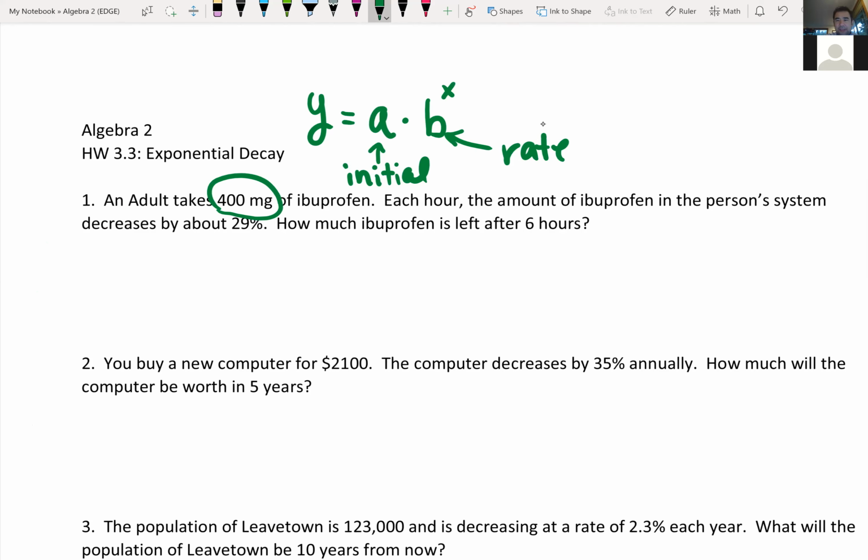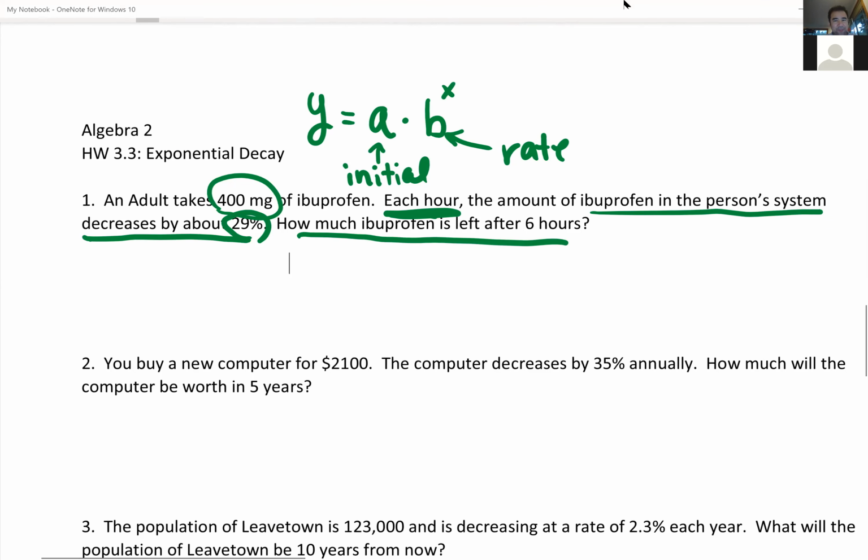But ibuprofen in the person's system, in your body, decreases about 29% every hour, each hour, okay? So each hour, 29% of the ibuprofen is consumed, digested, and then goes away, right? So the question is, how much ibuprofen is still in your body after 6 hours, okay?